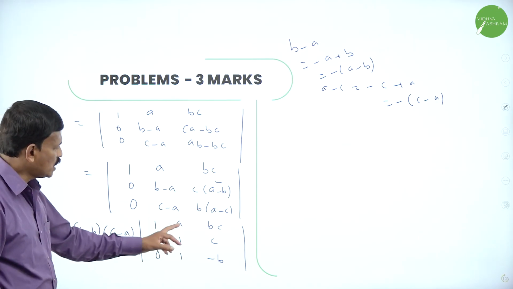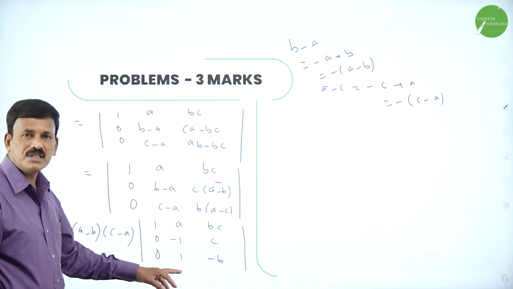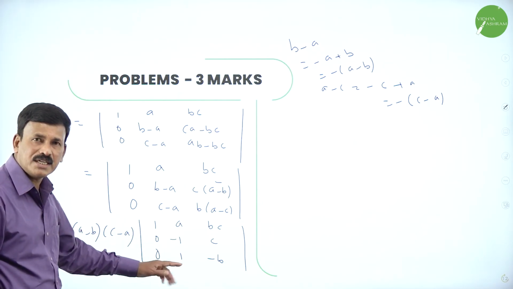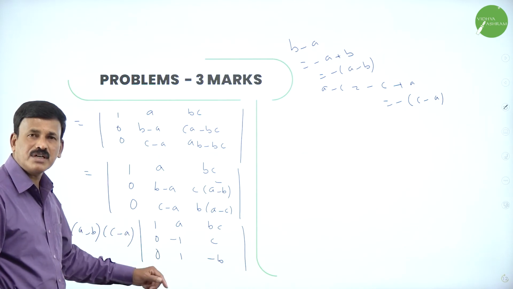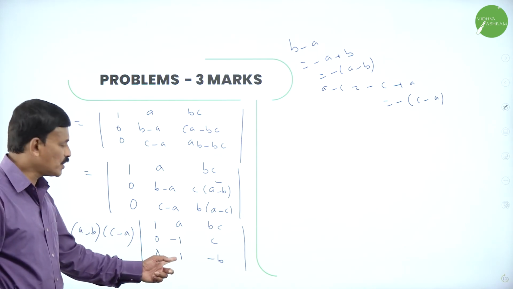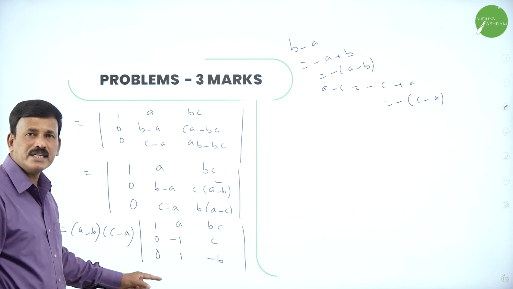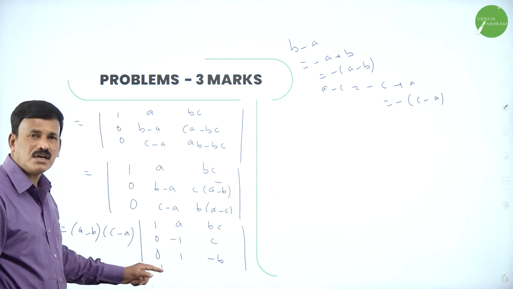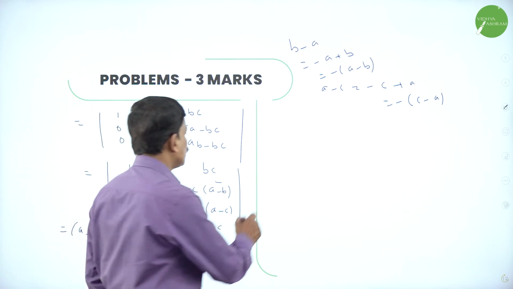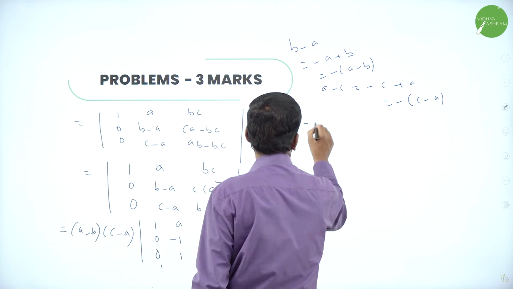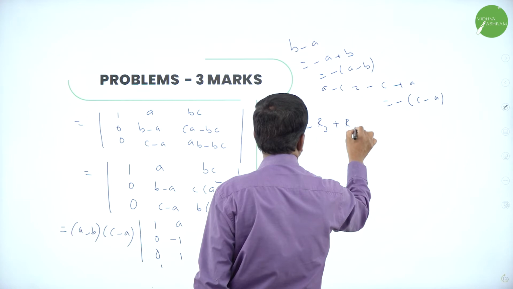Now convert this element as 0. So how to convert this element as 0? Just add. If you add 1 minus 1, what happens? 0. Then this will reduce to 0. So how to add? What is the property? R3 dash is equal to R3 plus R2.